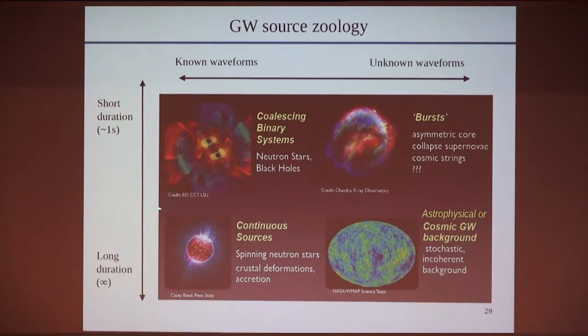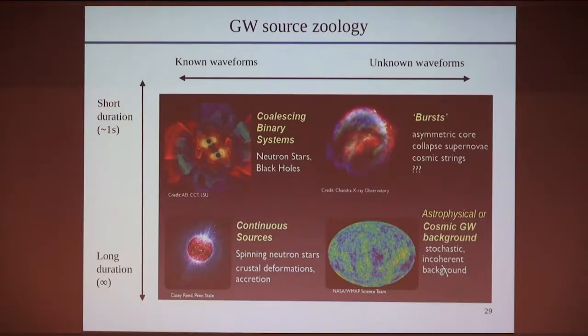When you don't know anything about the source, the waveform, like for instance the stochastic background, what you will do is just correlation. The only thing you know is that if you have 2 detectors, you need at least 2 detectors, you should observe exactly the same signal in the 2 detectors, modulo effects due to the fact that your detectors are not located at the same place. So it's another type of technique called correlation.